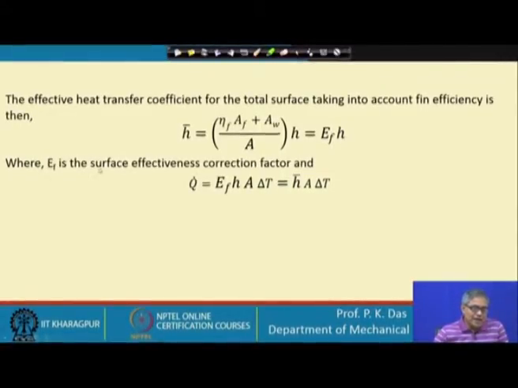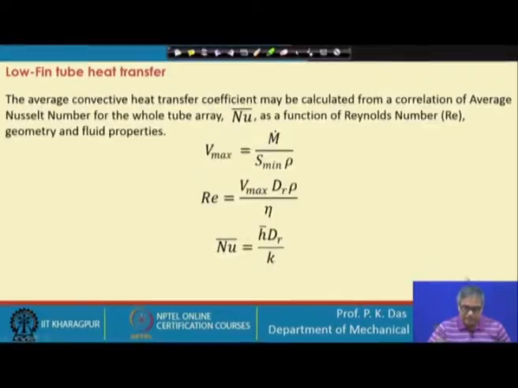So, E F is the surface effectiveness correction factor, and Q dot is equal to E F H A delta T, or H bar A delta T. Basically, we could have used our concept of overall surface efficiency, but this is another concept followed by some of the references, some of the books. That is why I wanted to make you familiar with this particular concept. With this, let us go to the next slide.